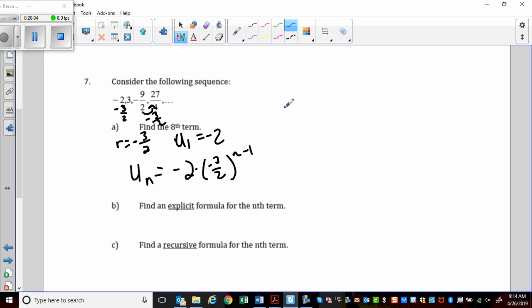So u sub 8 equals negative 2 times negative 3 over 2, to the 8 minus 1, which is 7. I would just use your calculator right here, because 3 to the 7th power over 2 to the 7th power, I don't know. So let's just plug this into our calculator, and we're going to get 2187 over 64.